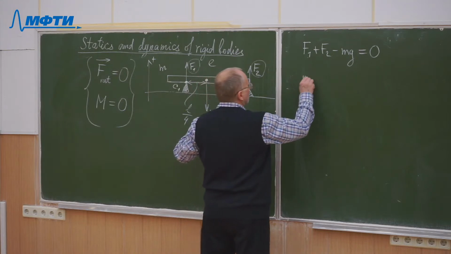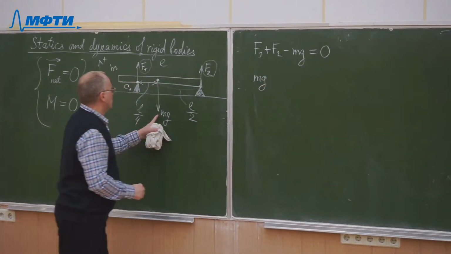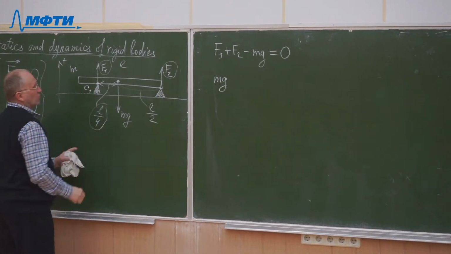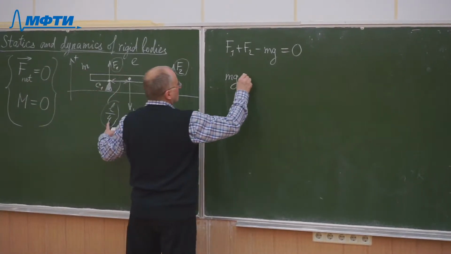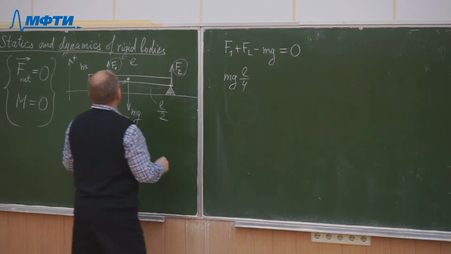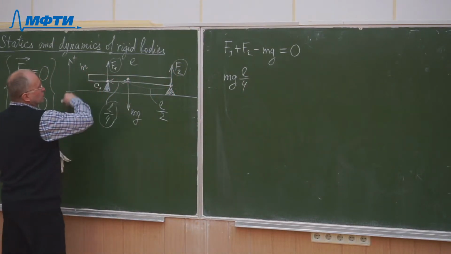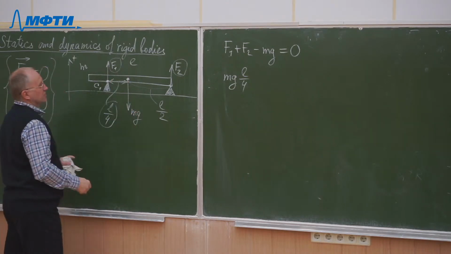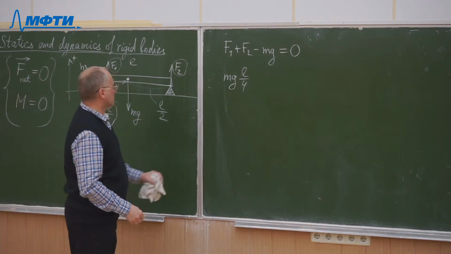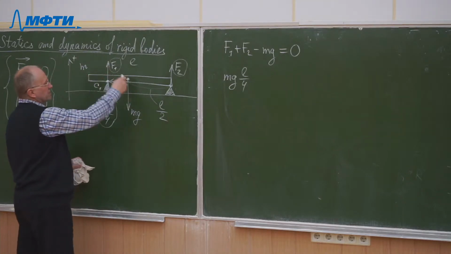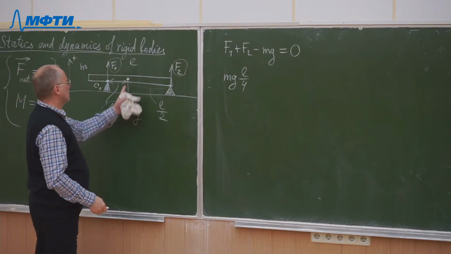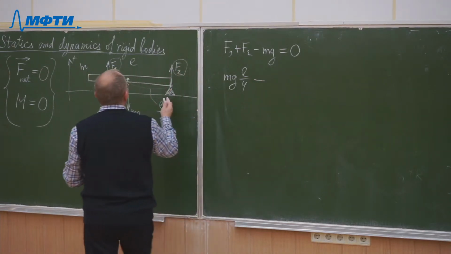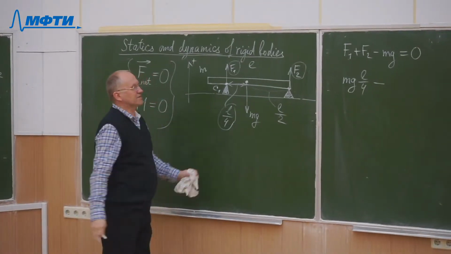mg is applied at the distance L/4. That is the arm of this force. And mg tends to rotate the bar in clockwise direction. So I choose it to be positive. If rotation is in clockwise direction, then the torque is positive. And force F2 tends to rotate the bar in counterclockwise direction.